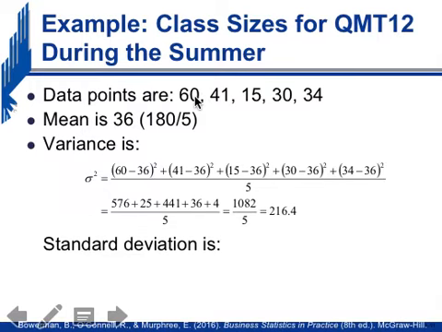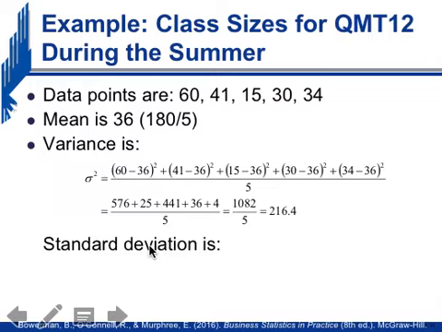So for the first number, 60, you will subtract the average, 36, and then we will get the square of the difference. And then we will do that for the rest of the numbers. 41 minus 36, and again, get the square. So do that up to the last number, and then get the sum, divide that by the total number of measurements, and we will get 216.4. So the unit here will now be students squared.